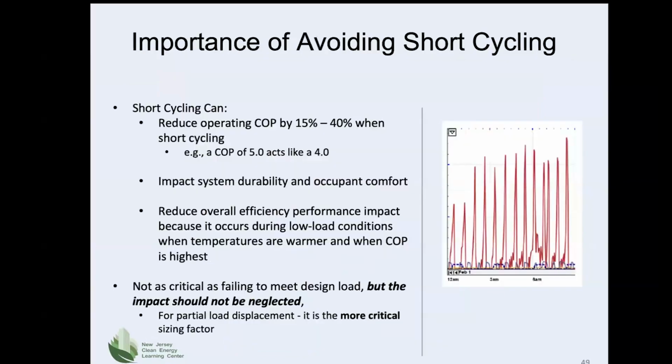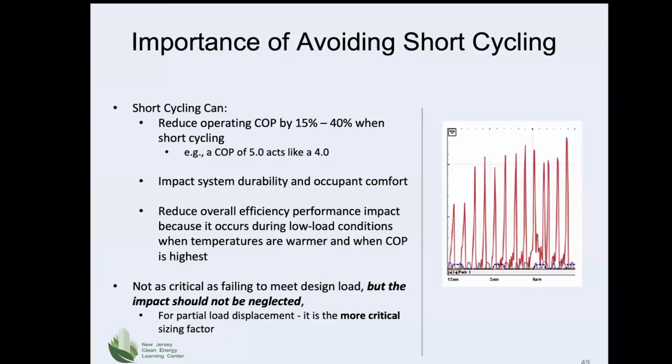So why is short cycling in the selection of a heat pump so important? It's important for a couple of reasons, but the main one focuses on efficiency of the unit. When a unit is oversized, it can short cycle and cause a reduction in the coefficient of performance somewhere between 15 and 40%.